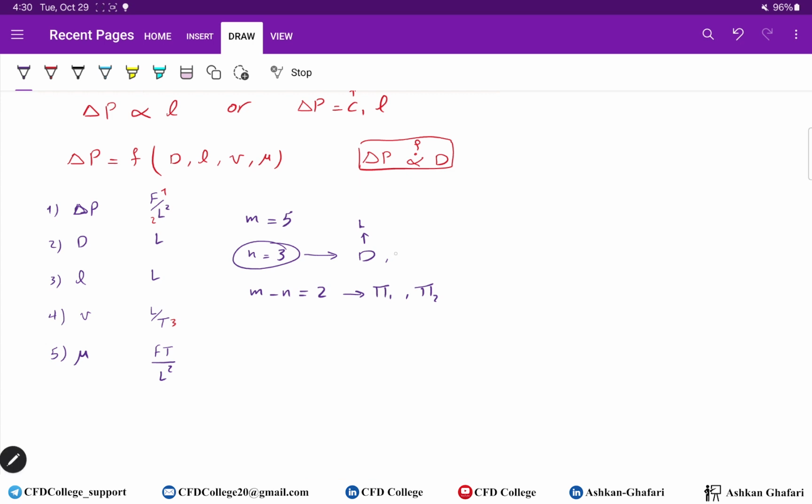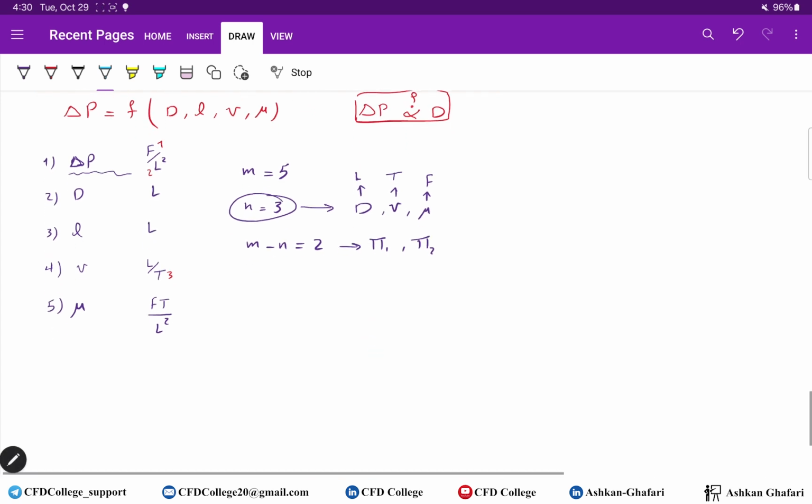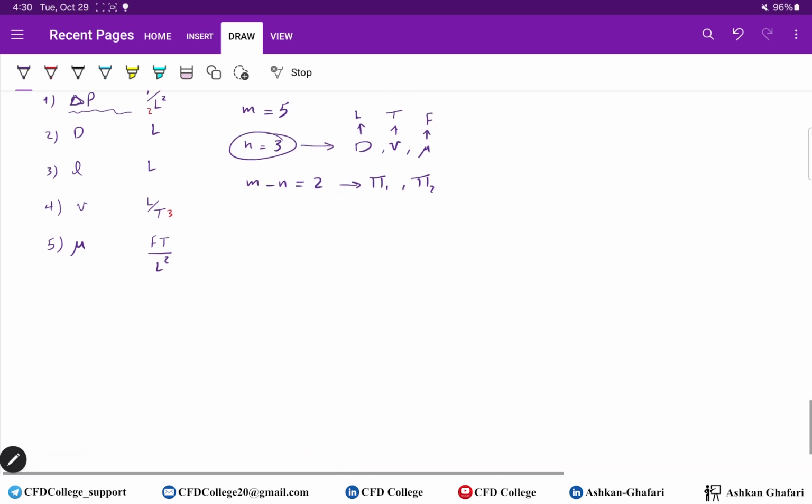D for L, V for T, and viscosity for F. As you know, we never pick delta P. If you pick it, you can find the final answer, but I recommend you never pick the first parameter.